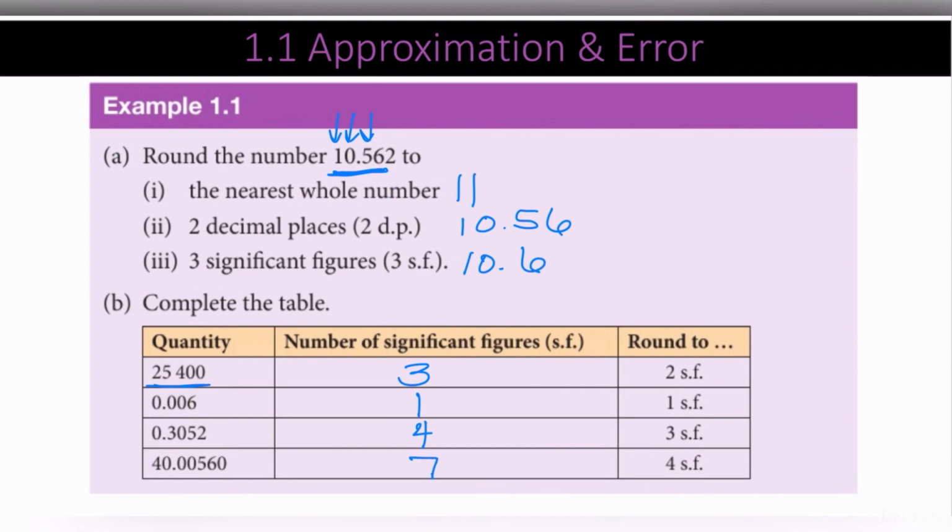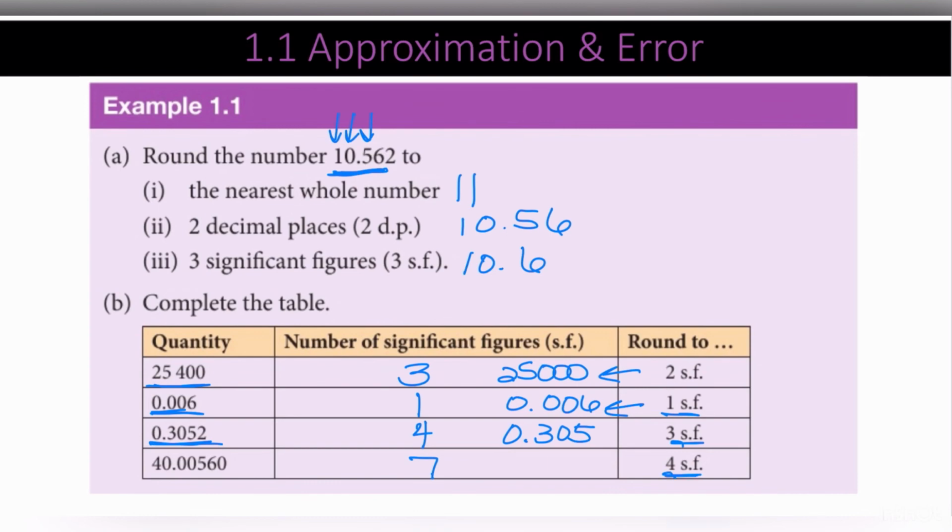The second part of the question is to take each one of these numbers and then round to the given amount of significant figures. The first one, 25,400 to 2 significant figures is going to be 25,000. The next one, to 1 significant figure, it's going to just stay the same. 0.3052 to 3 significant figures will be 0.305.